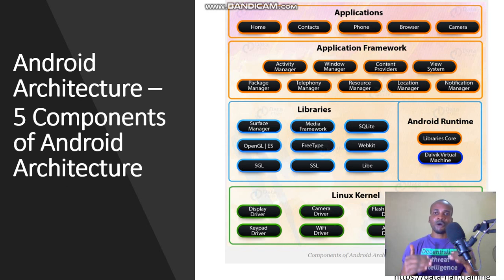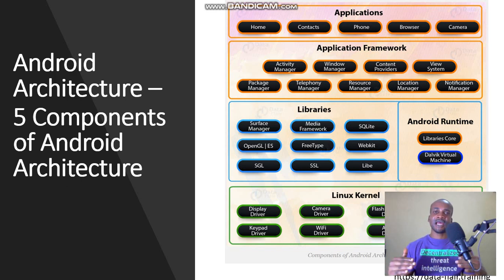It is the core part of Android architecture, which provides features such as security, process management, memory management, device management, and multitasking. It is also responsible for a level of abstraction between the device hardware and the upper layers of Android architecture. It consists of device layers and device drivers like camera, flash, display, keypad, Wi-Fi, and so on.